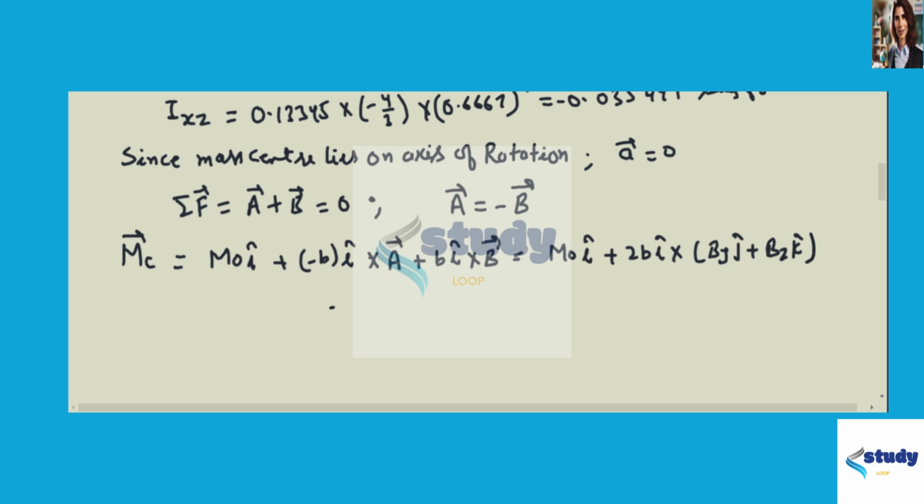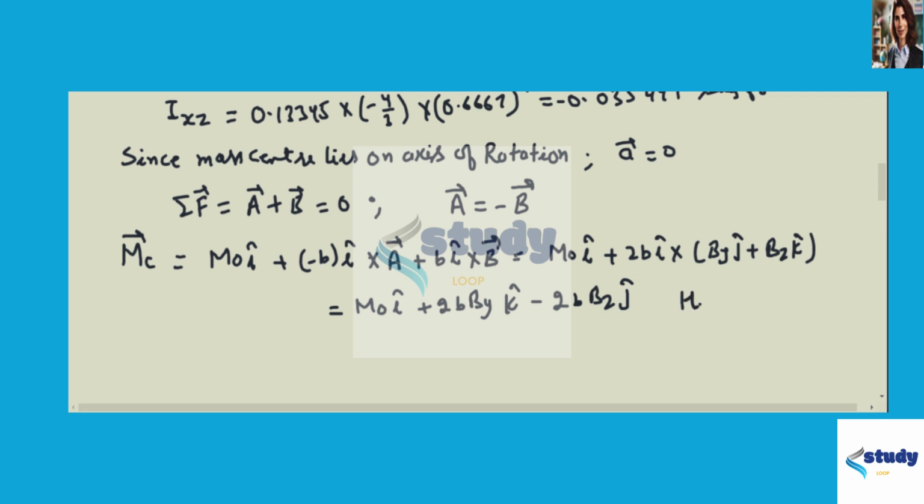So we can write M0 i plus 2b by i cross j k cap minus 2b Bz j cap.